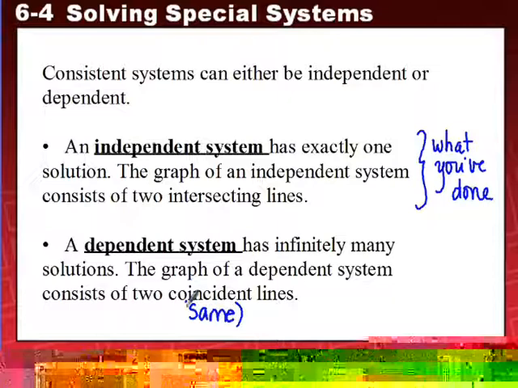If they have the same slope and different y-intercepts, then they have to be parallel. Option 2, solve the system algebraically by substitution or elimination. And if you get something false at the end, like 5 equals 3, then that means there's no solution. It's an inconsistent system and the lines are parallel.